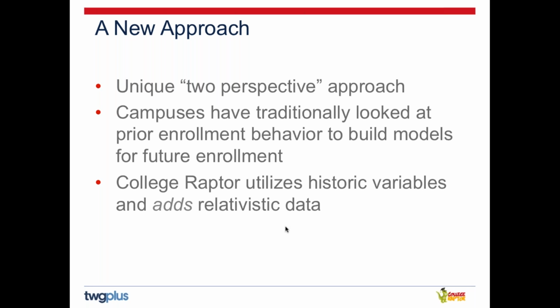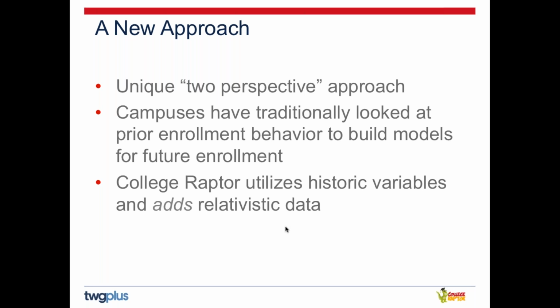They use those factors to determine how well a student is going to fit at the school and how they score those students with a linear regression model. What we do differently is, first off, we take a second perspective. If you think of all the data I just talked about, your own institutional historical data, you're looking at the students who enrolled at your school and didn't enroll at your school, right?